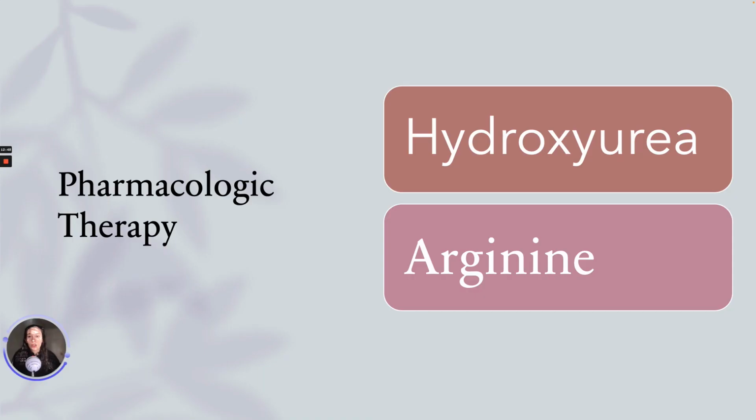So pharmacological therapy for these patients includes hydroxyurea, which has been shown to be effective in increasing the fetal hemoglobin levels in patients. Also, arginine has anti-sickling properties and enhances the availability of nitric oxide, the most potent vasodilator, resulting in decreased pulmonary artery pressure.